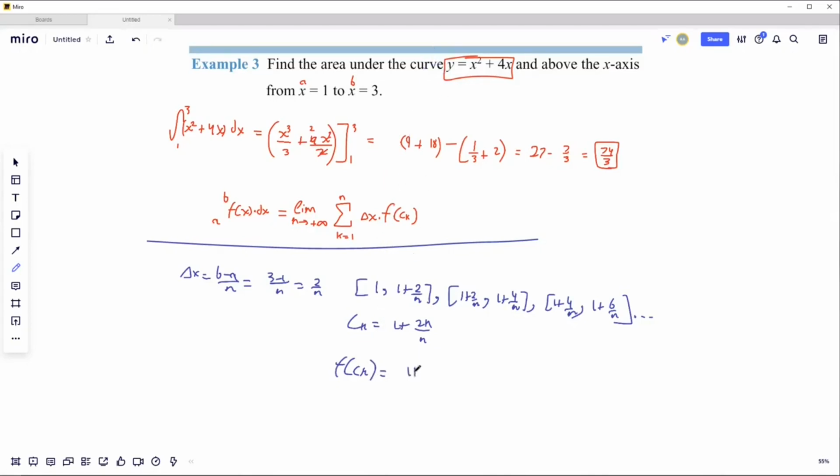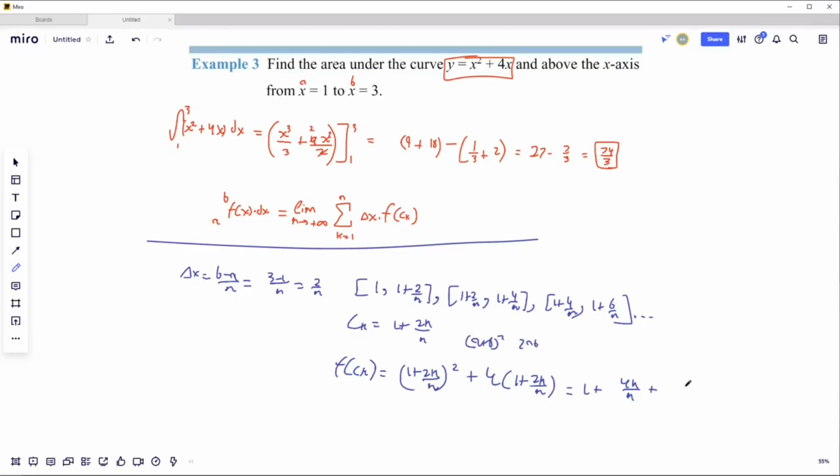So you get 1 plus 2k over n squared plus 4 into 1 plus 2k over n. 1 squared, again 1, plus 2k over n times 1 times 2, you get 4k over n. If you're confused, all I did is a plus b squared. The middle value is 2ab, pretty much, that's it, 2ab.